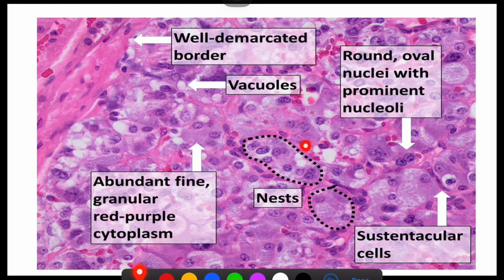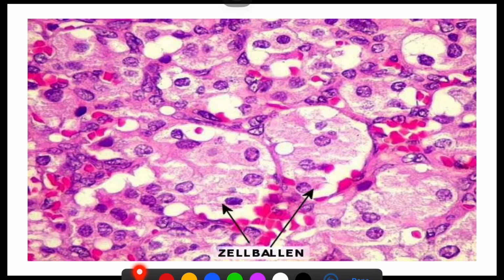Now nests are there, and the specialized cells are sustentacular cells. They are the supporting stromal cells. And if you see, the cells are round to oval with prominent nucleoli and granular red or purplish cytoplasm, or some of the cells may have vacuoles.